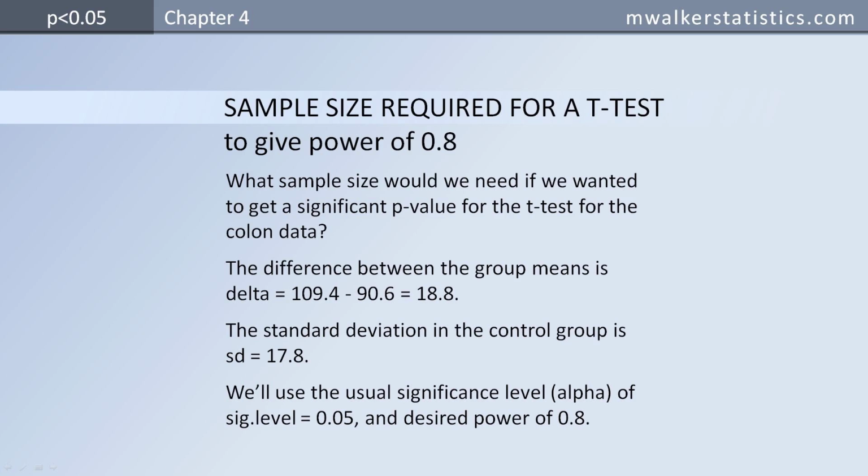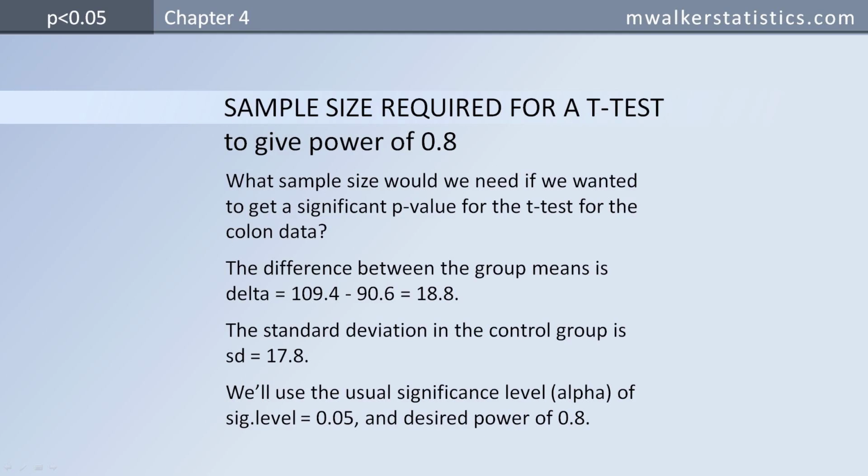Sample size required for a t-test to give power of 0.8. What sample size would we need if we wanted to get a significant p-value for the t-test for the colon data? The difference between the group means is delta equals 109.4 minus 90.6 equals 18.8. The standard deviation in the control group is SD equals 17.8.